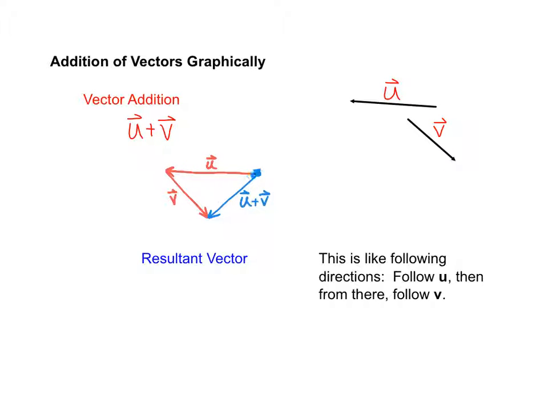Because the river in this case is pushing us to the left. So if we tried to swim and the river was pushing us this way, the end result is our body would actually move this direction through the water. Our resultant velocity would be this. Okay, and we'll look at problems on how to figure out what that would be later on.